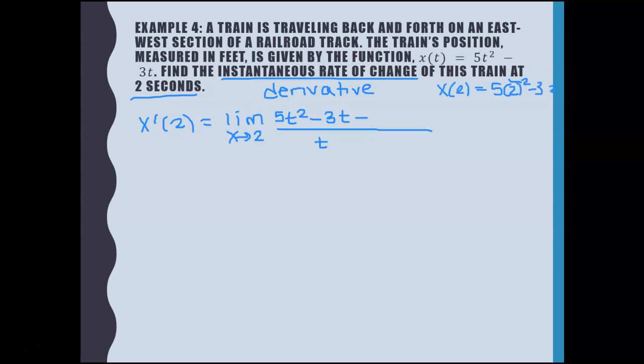So 2 squared is 4. 4 times 5 is 20. 20 minus 3 times 2, which is 6, gives 14. All over t minus 2.